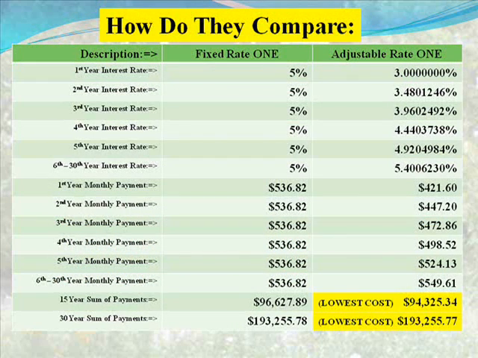Running down the column for the fixed rate loan, we see where the interest rate remains at 5% throughout, and the monthly payment throughout is $536.82. Important statistic at the bottom, the sum of all payments at the end of the 15th year is $96,627.89.